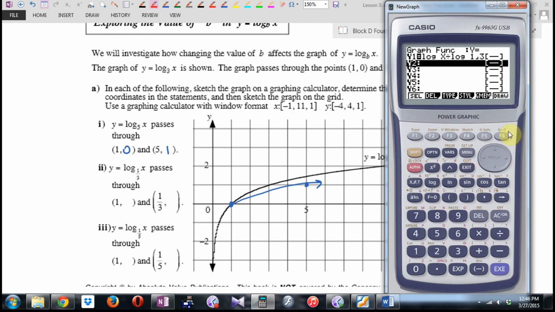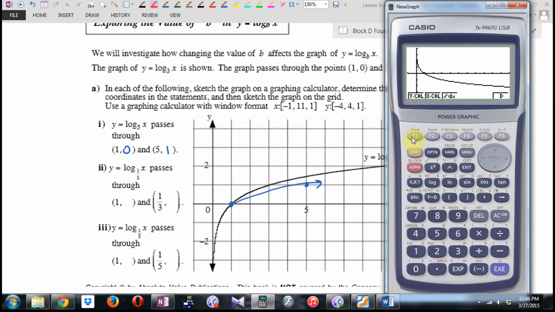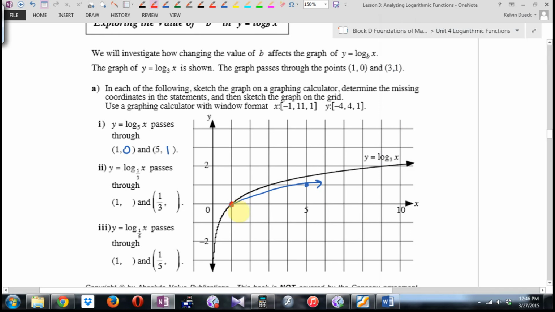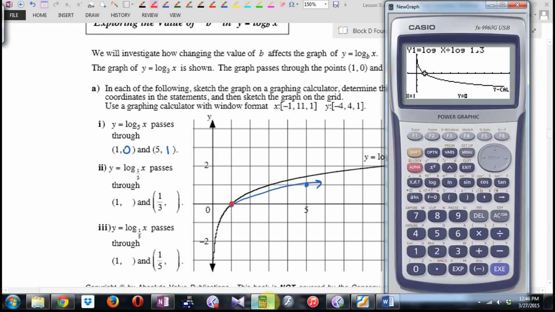So draw, if you haven't already. G-solve, arrow sideways, get to this screen. I think it still goes through 1 comma 0, does it not? So it still goes through right here. Ah, but what about when you put a 1/3 in? Let's see.